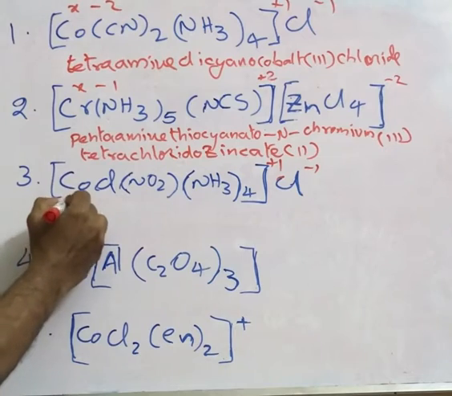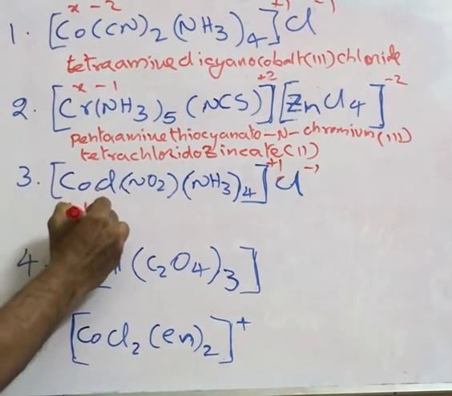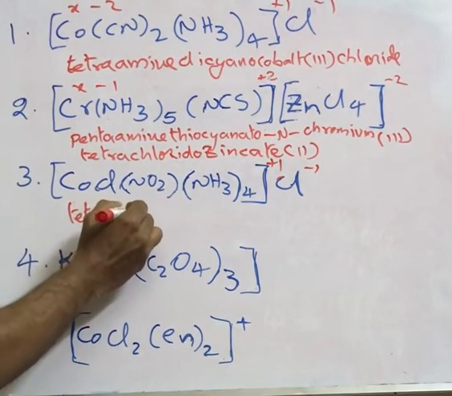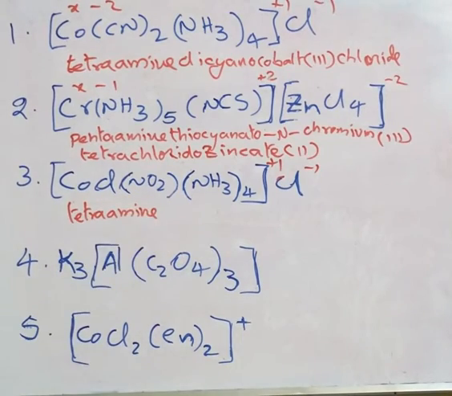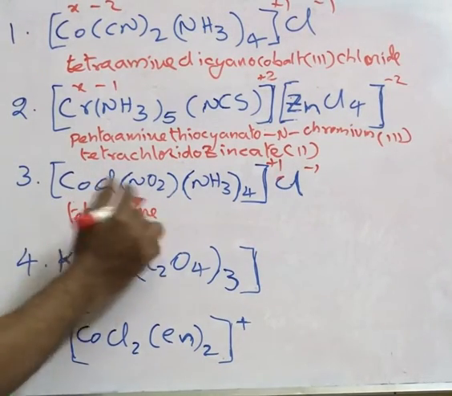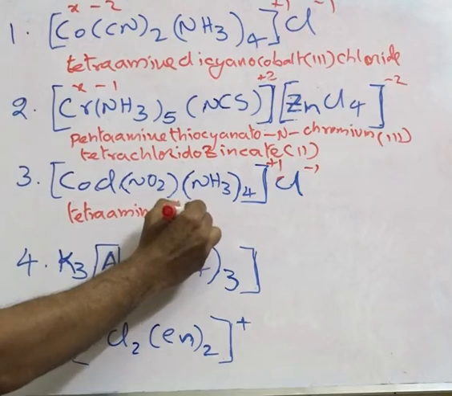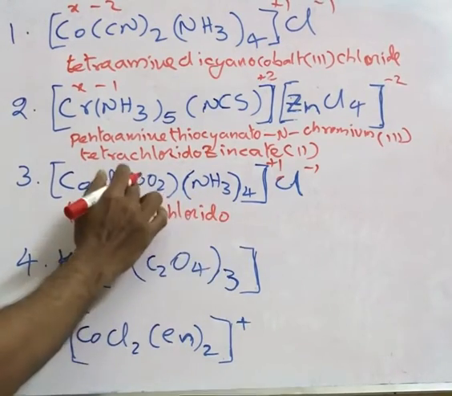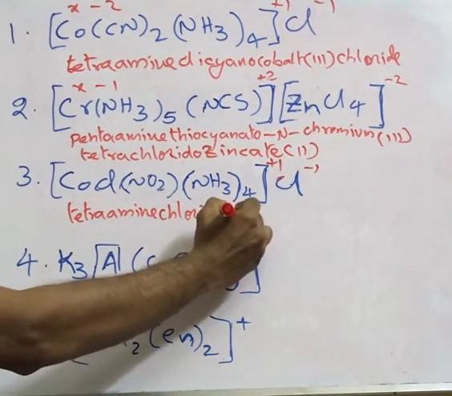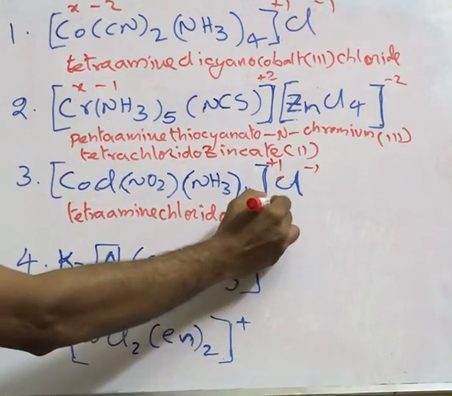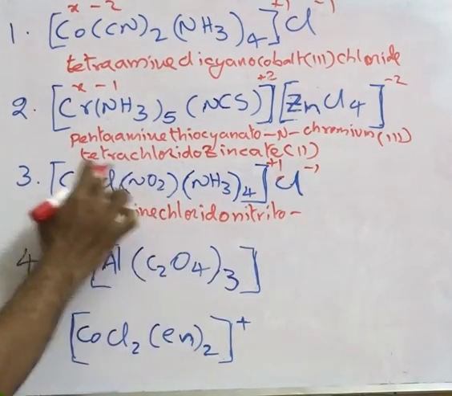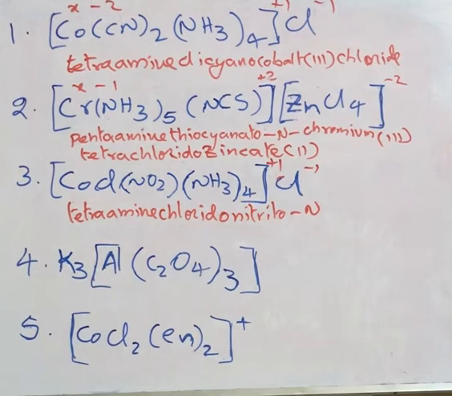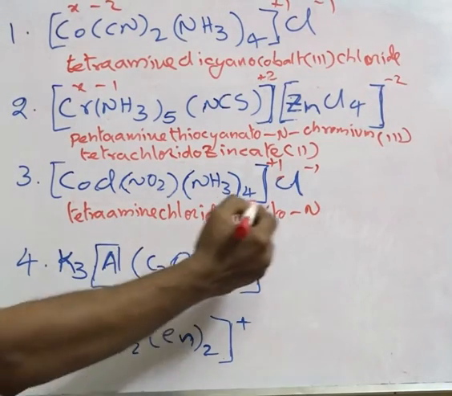First amine comes, so tetraamine, chlorido, then nitrito. The group is through N, so it is N. Previously we used to call it nitro, but now the new nomenclature says nitrito N. If it is through O, nitrito O; that is the linkage atom.